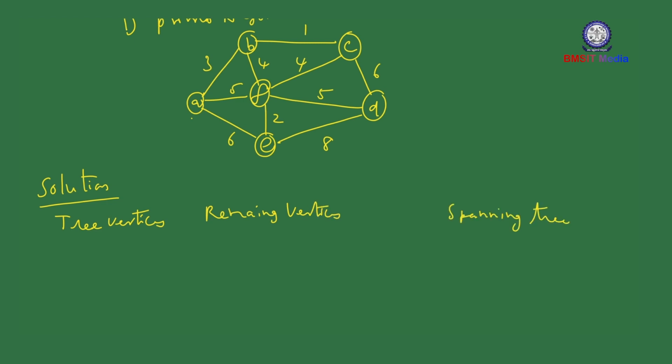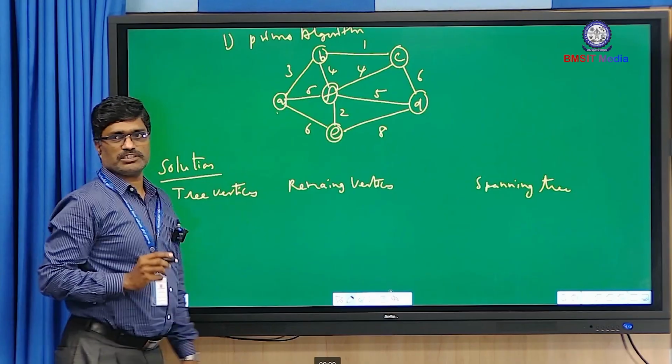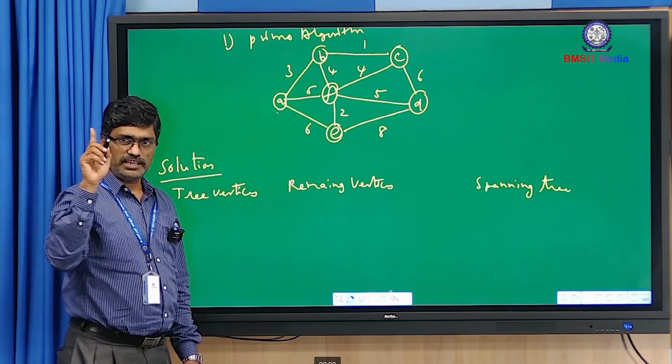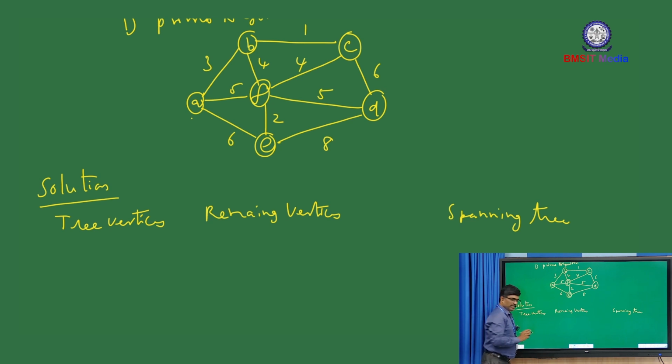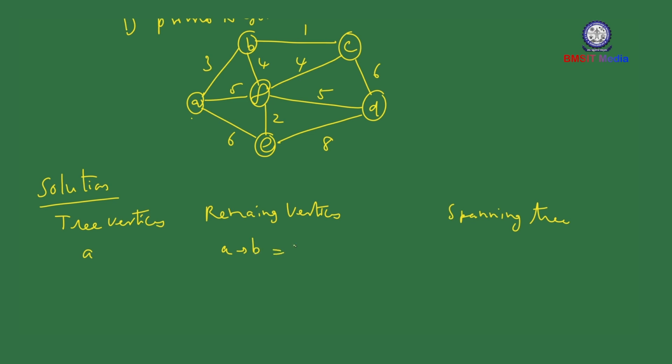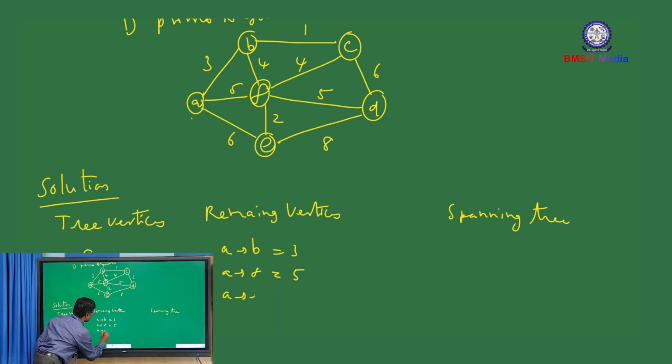In Prim's algorithm, we always have to start from the first node, which is A. From A, the outgoing edges are A to B 3, A to F 5, and A to E 6.